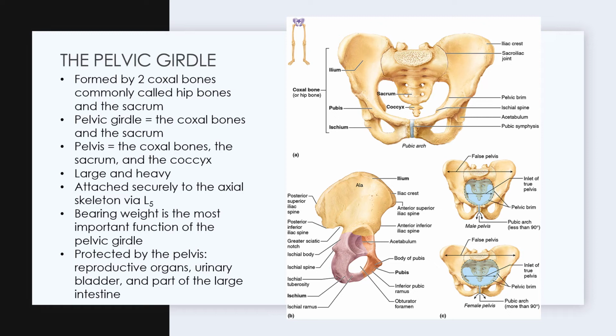The pubic bones of each hip articulate anteriorly to form a cartilaginous joint, the pubic symphysis, which you can see at the top of this image. And you can tell it's cartilage because it appears white. The ilium, ischium, and pubis fuse at a deep socket called the acetabulum. This is where the head of your femur, the head of your thigh bone, goes.